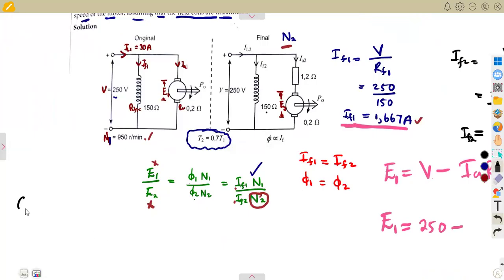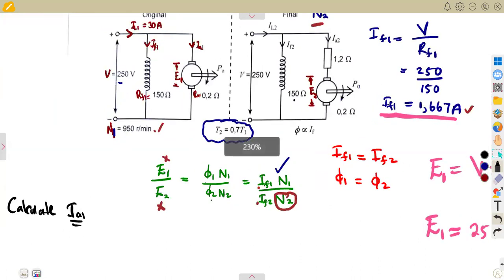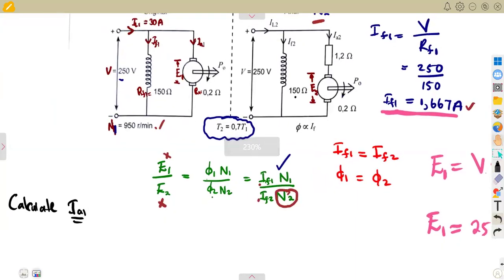So let us calculate the armature current of the original circuit, which is armature current 1. Remember your shunt motor. From Kirchhoff's law, we understand that the load current 1 is equal to the field current 1 plus the armature current 1.